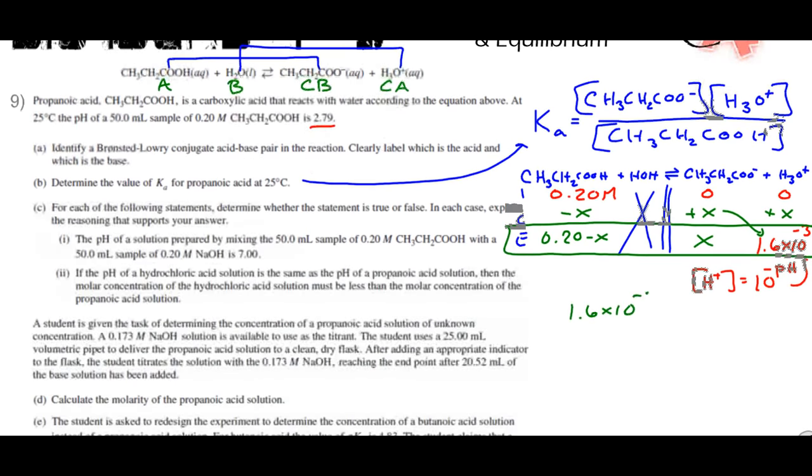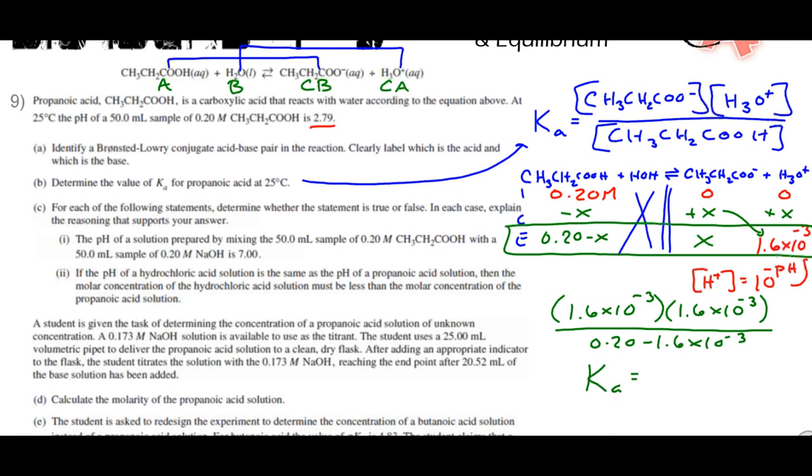It'll be 1.6 times 10 to the negative 3 times 1.6 times 10 to the negative 3, using the value from above, and then I put this below that value. And my Ka equals roughly 1.3 times 10 to the negative fifth.